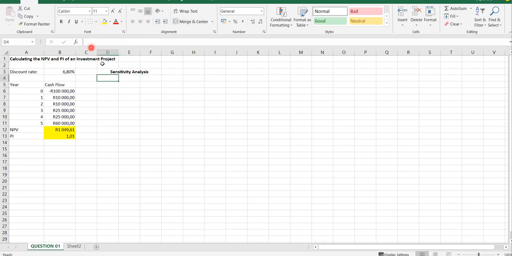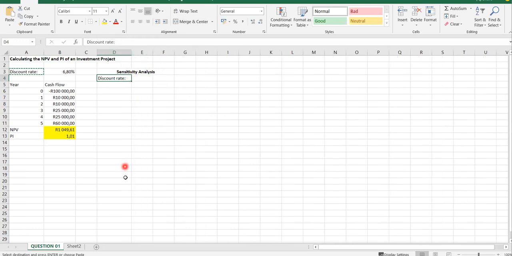And then in D4, I'm going to write discount rate. So let me just copy this. Then you put your discount rate here. When I enlarge my row, this whole row, I'm going to put my discount rates going downwards from 5% until the biggest percentage that is mentioned.